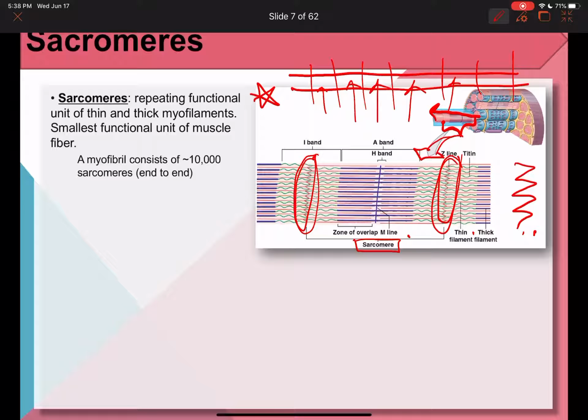So that's why there's that importance of the sarcolemma propagating that signal very, very quickly, because we've got to get the signal to all 10,000 of these sarcomeres within each myofibril, and all the myofibrils together have to contract at the same time.